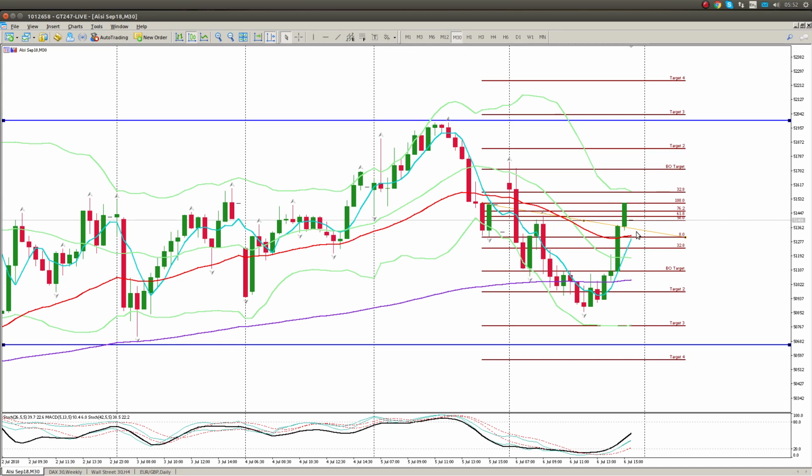This little turn here on the 50% Fibonacci would have given you the indication that you need to look for another target to the downside, which would be in target number 2. And that's pretty much where we consolidated. A little squirt down just to confuse everybody, and then turn and move to the upside.